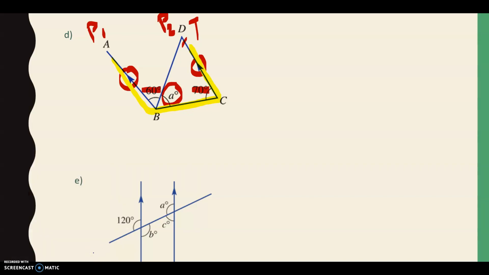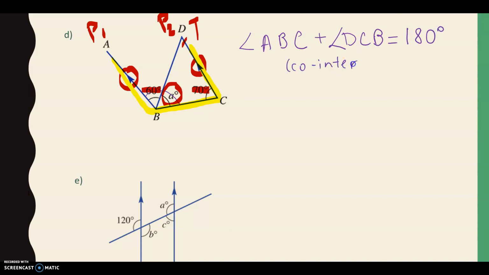All right, so what that means is angle ABC, this angle here, plus angle DCB is equal to 180 degrees. And that's the co-interior rule.